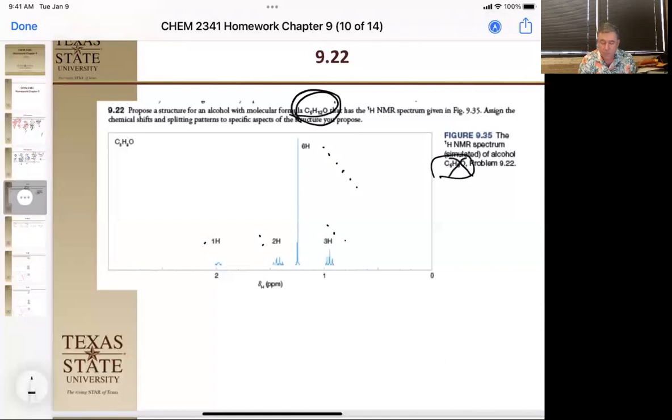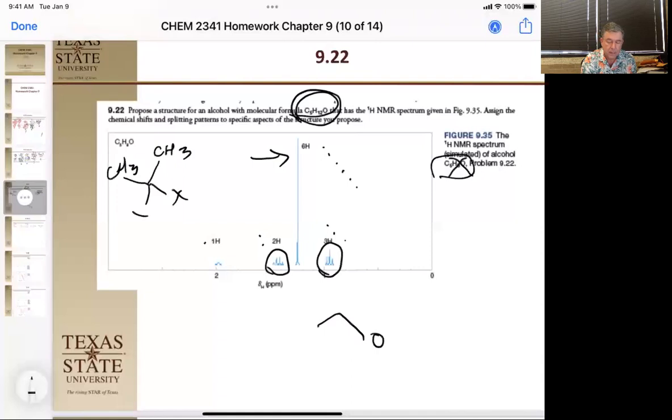Okay, so now we have the classic pattern here. This is an ethyl group right here hooked to an oxygen. And notice these 6 are a singlet. So that means we have two methyl groups hanging off something, but it's not hydrogen. There's no hydrogen on there.